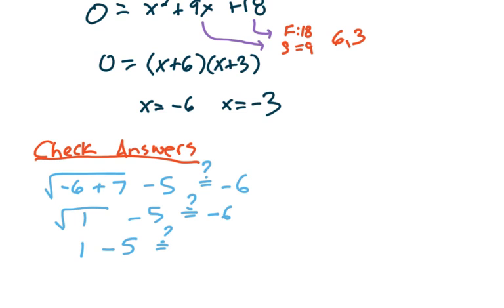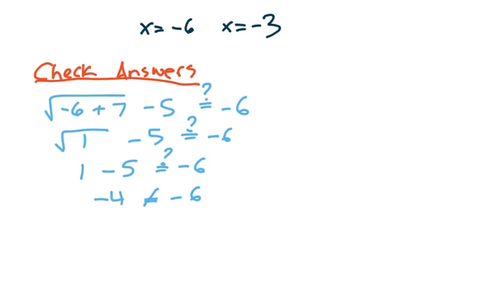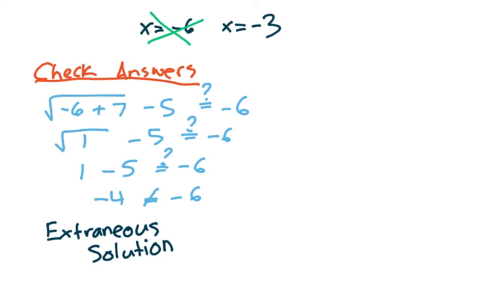Well, 1 minus 5 is -4, and this does not equal -6. So when this happens, we say that this is an extraneous solution. So whenever we get a problem where plugging our answer in does not work, that produces what we call an extraneous solution. So x equals -6 would not be one of my answers.